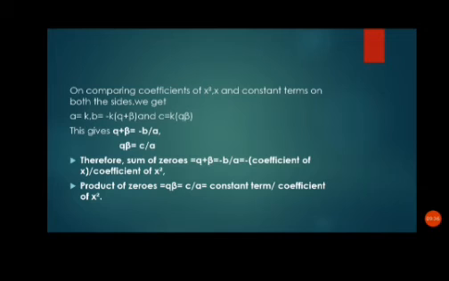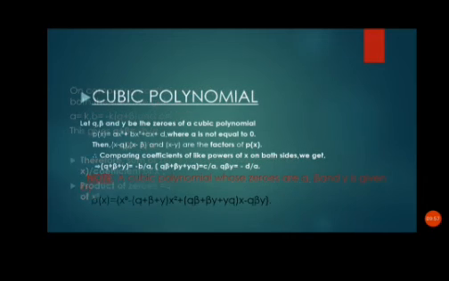So the sum of zeros of a quadratic polynomial is minus coefficient of x by coefficient of x square, and the product of its zeros, alpha into beta, is c by a, that is, constant term by coefficient of x square.